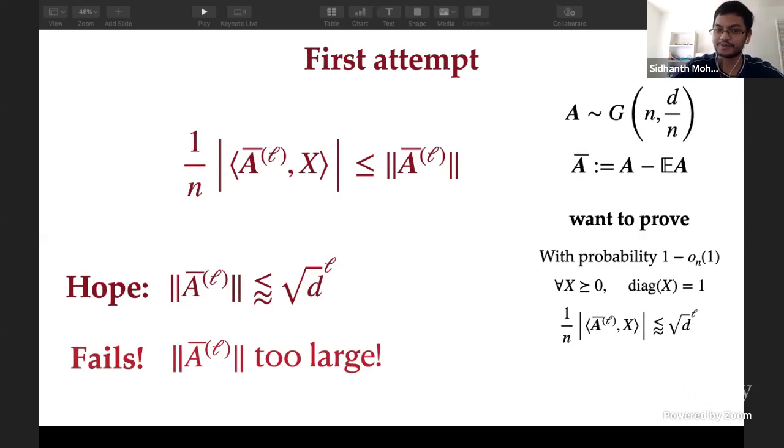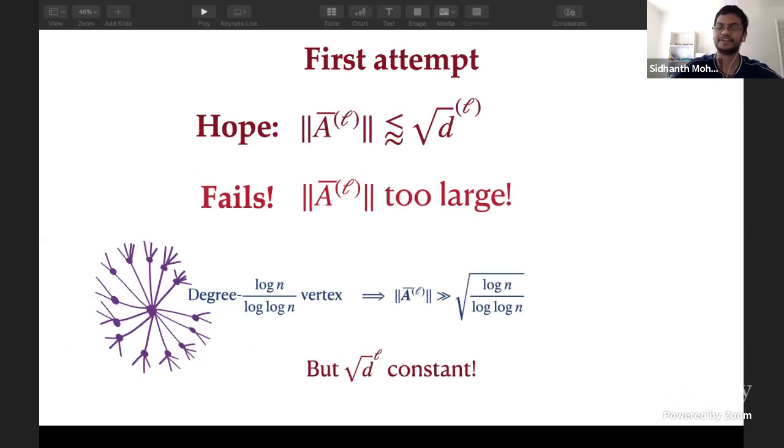But trying to do this directly fails, and it fails for a fairly simple reason. With high probability, an Erdős-Rényi graph is going to have vertices of degree roughly log n, which automatically gives the matrix a super constant eigenvalue. But the bound that we want to show, square root d to the L, is a constant.